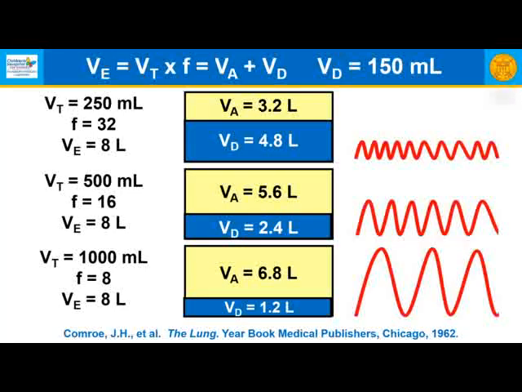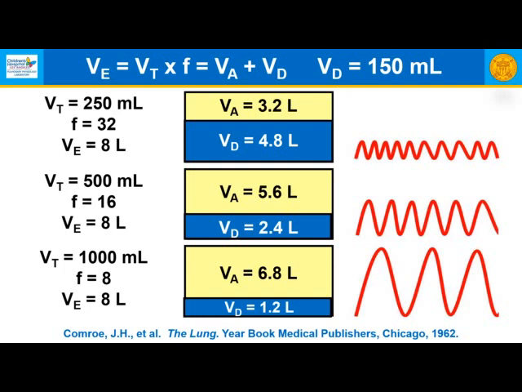This is rapid shallow breathing. Now we have someone doing a more normal pattern, 500 ml tidal volume, 16 times a minute. This person only has to clear this 150 16 times, for 2.4 liters per minute of wasted ventilation and 5.6 liters per minute of alveolar ventilation.